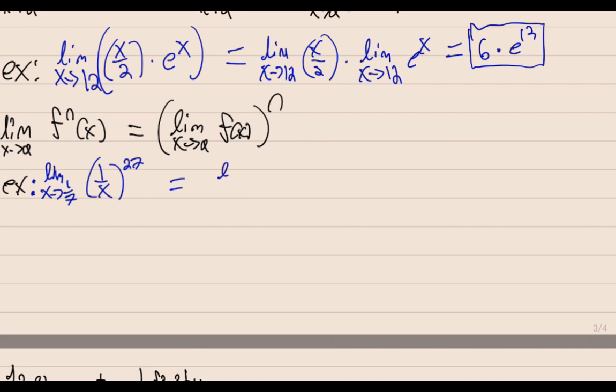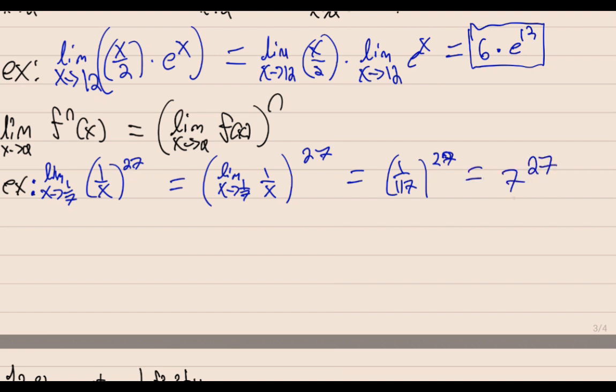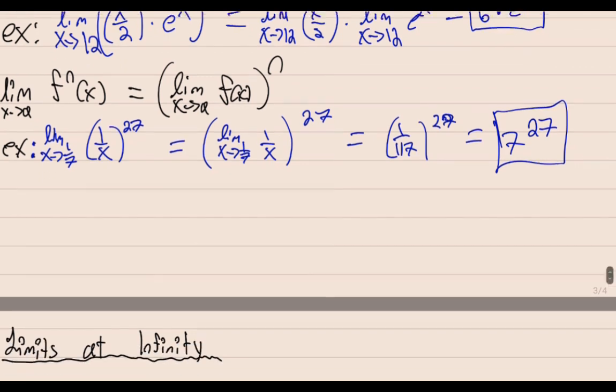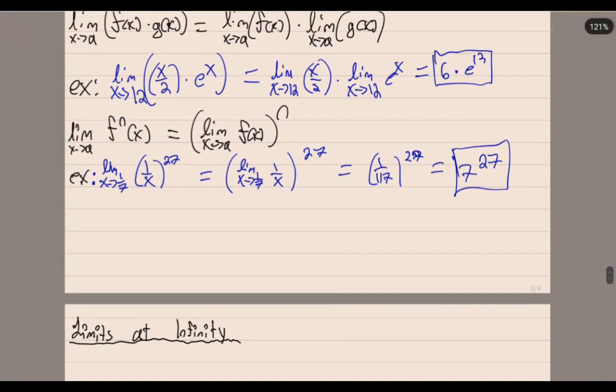We just have the limit as x goes to 1/7 of 1 over x, all raised to 27. So this is equal to 1 over 1/7, which is 7, to the 27. So that's pretty nice. I'm not going to multiply it out because that's a really big number.